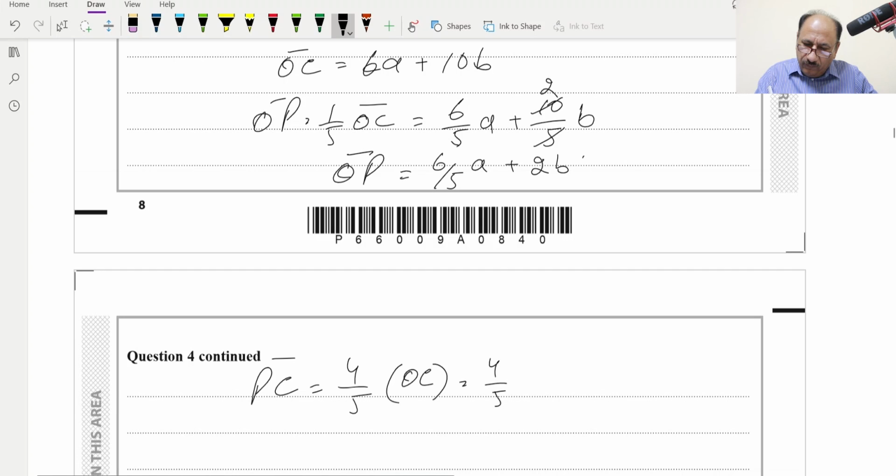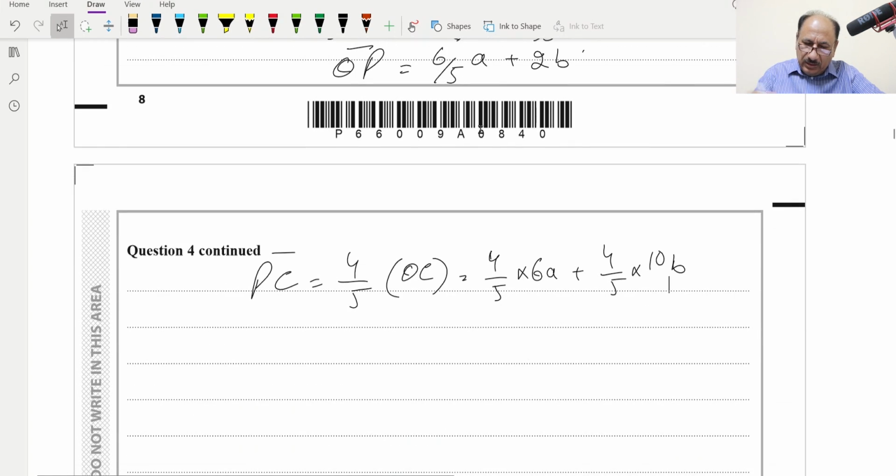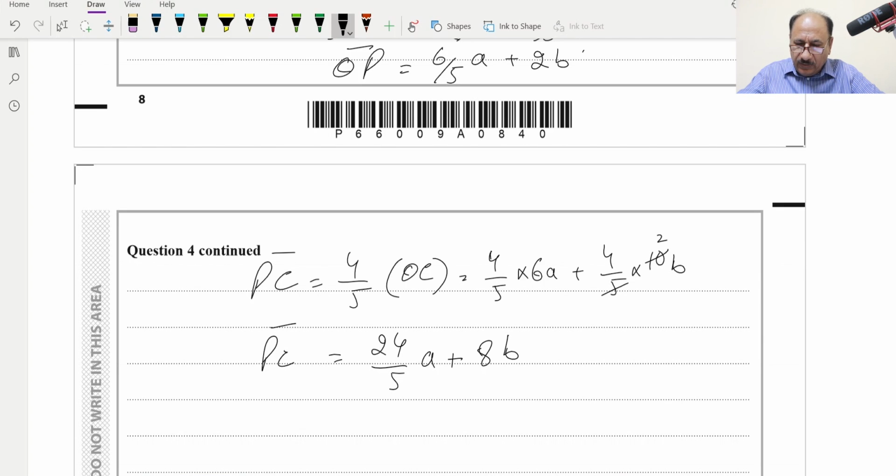So 4 over 5 into 6a plus 4 over 5 of 10b, and PC will be equal to 24 over 5 of a plus, 5 2s are 10, so it will be 8b. This is also done.